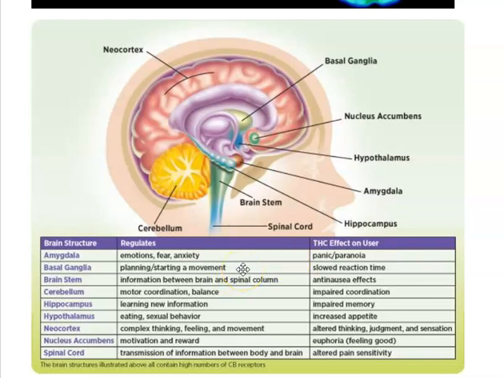The basal ganglia, normally involved in motor control, planning or starting a movement, often pattern behavior or habit behavior, and for THC use, that can slow overall reaction time, and also the perception of time. And then in the brainstem, connecting information between brain and spinal cord, that is probably why THC has anti-nausea effects, right? So you can see some bad effects, some good effects.